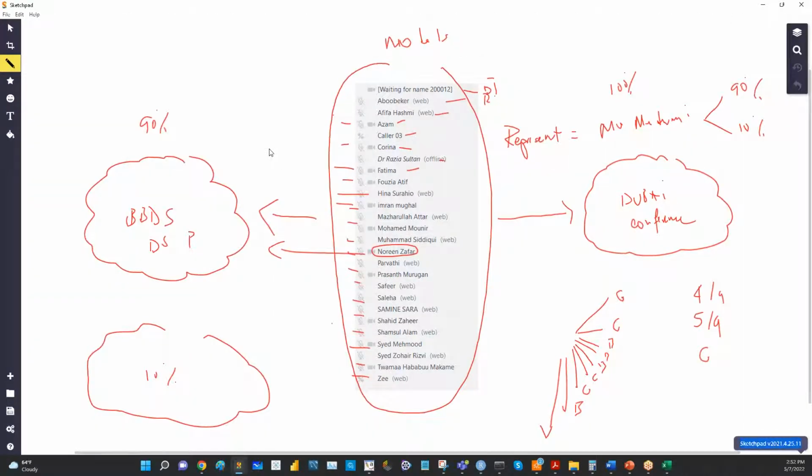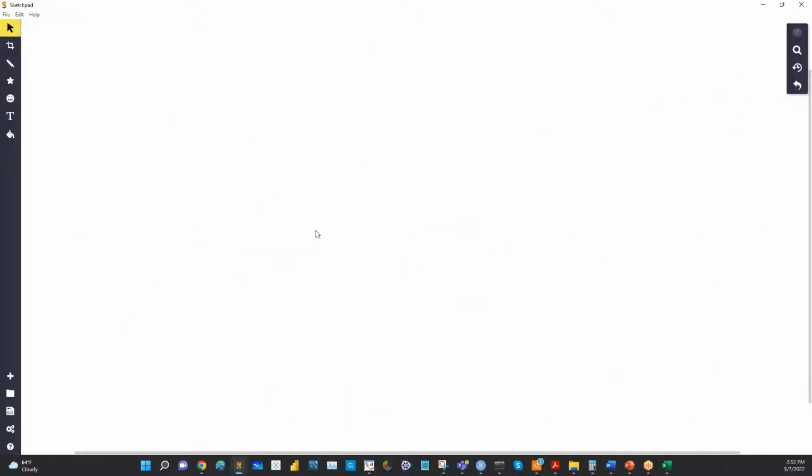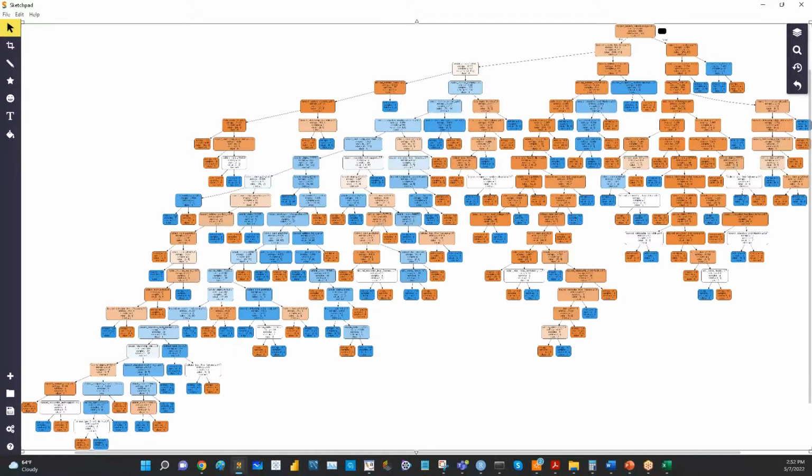So what do you think we did wrong with our decision tree? This is from two weeks ago. What do you think about this decision tree? Very deep.